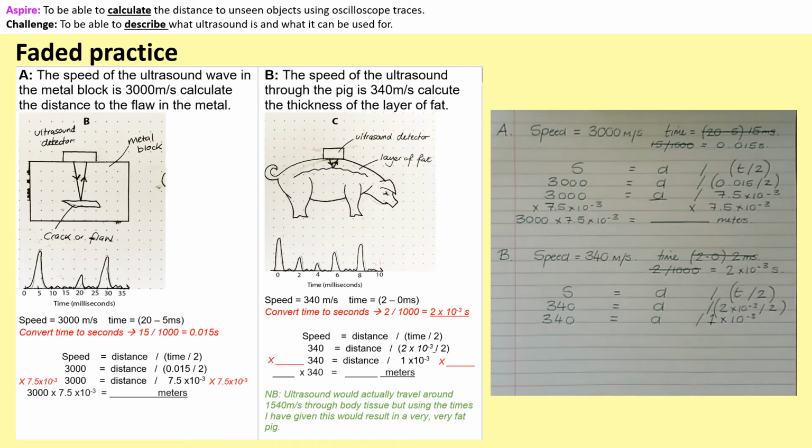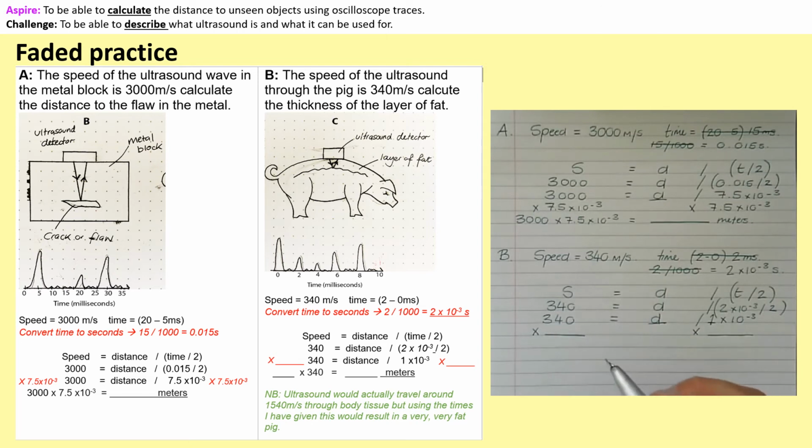Okay, this is the bit where you have to do something. So you have to figure out what you need to do in order to make D the subject. I have shown you that the inverse of this is to multiply. So you're going to be multiplying this side by something, and you're going to be multiplying this side by something.